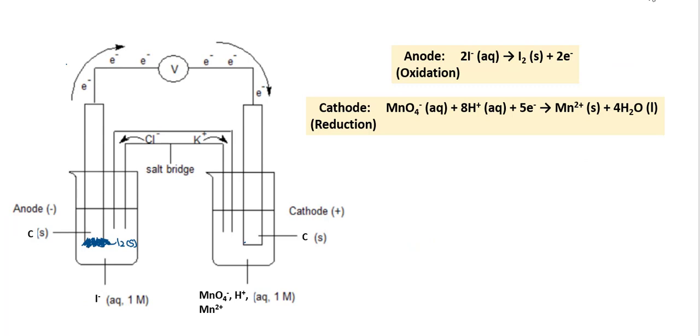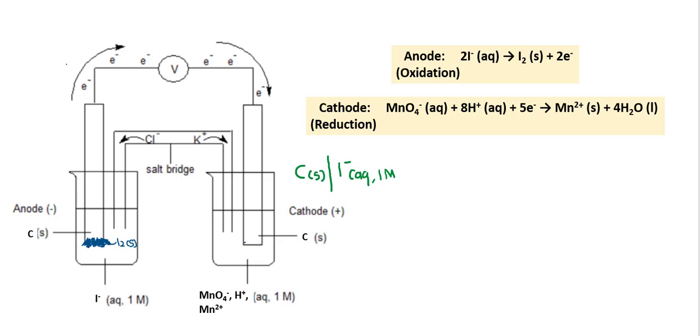Another example, if we have an inactive electrode like this, we have graphite as our anode electrode, separated from our half cell, where we have iodide, aqueous, and here it is 1 molar.